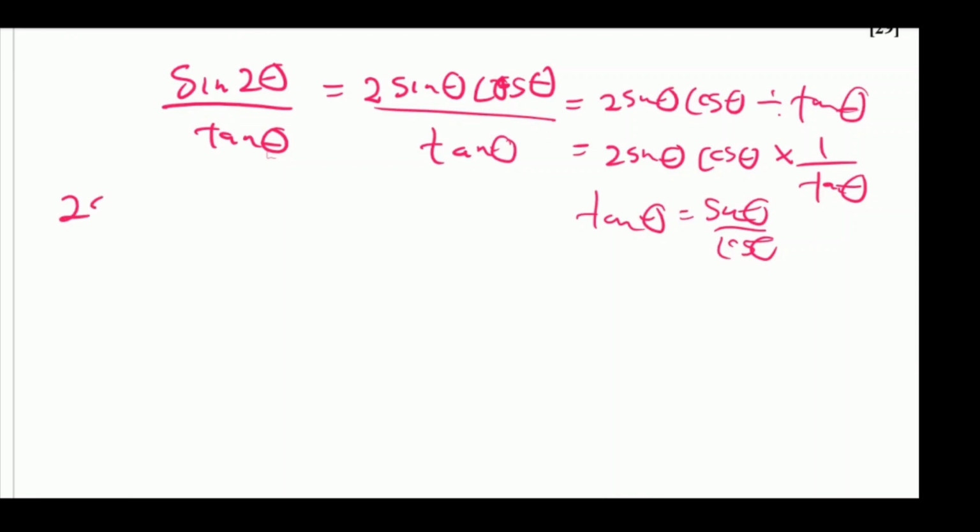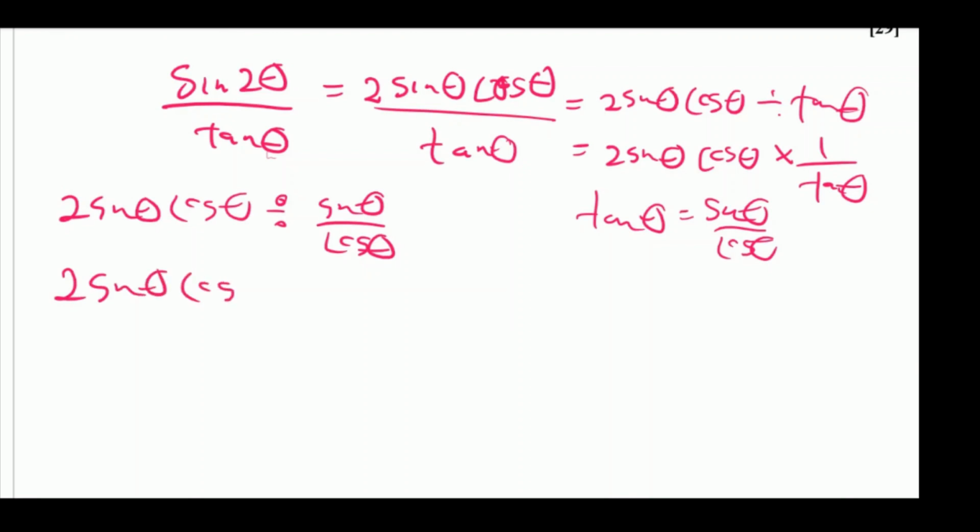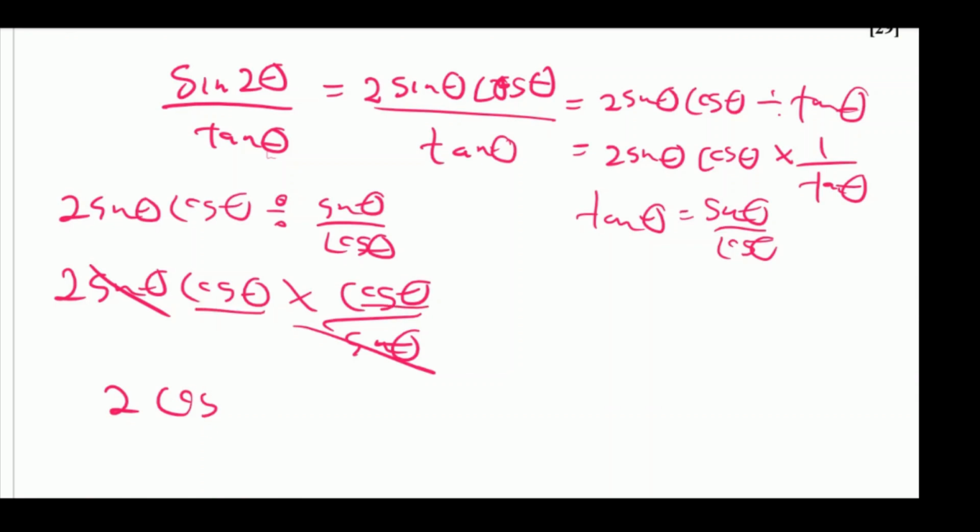So it's going to be 2 sine theta cos theta divided by sine theta over cos theta, which would be 2 sine theta cos theta multiplied by cos theta over sine theta. So the sine will cancel out. We have 2 cos theta times cos theta, which is going to be 2 cos squared theta, right? So this is the expression that we're getting here.